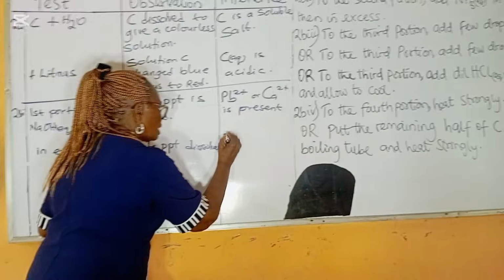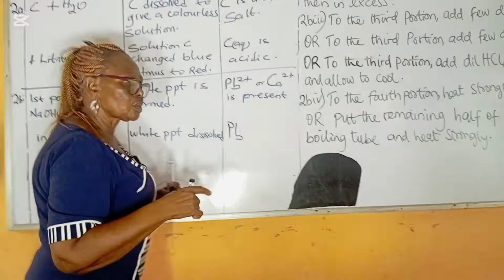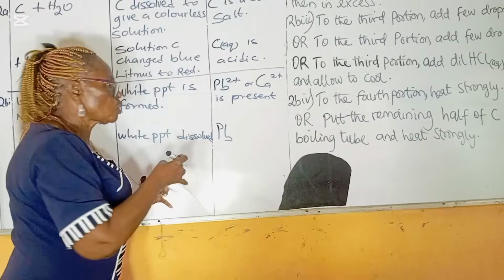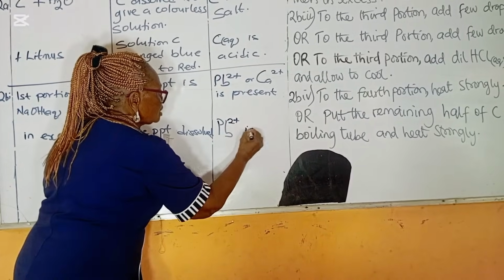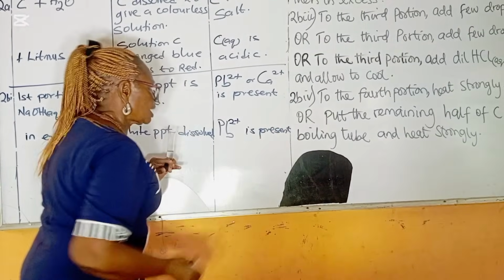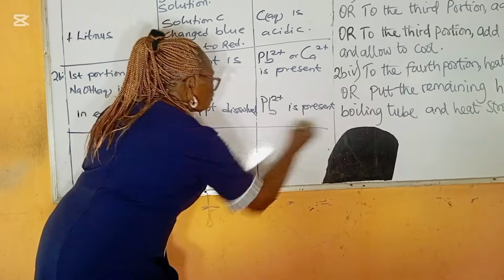That 2 what? Ion. But if it did not dissolve, then it is what? Calcium. But it dissolved. You can see that it dissolved. So it is lead 2 what? Ion. And as the lead 2 ion is what? Present. Don't say confirm. That is not a confirmatory test. You can now underline. That number is over.